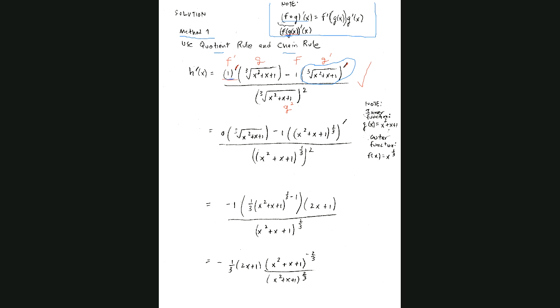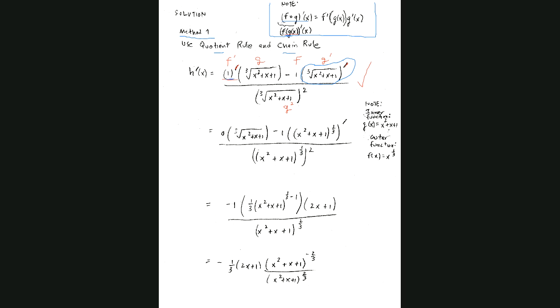What's the word I'm looking for? Well, not a product. Good try, Nick. I appreciate all participation. It's a composition. That's right, Sebastian. It's a composition of two functions. So what are those functions?